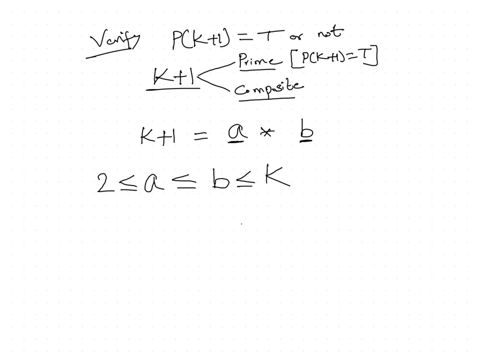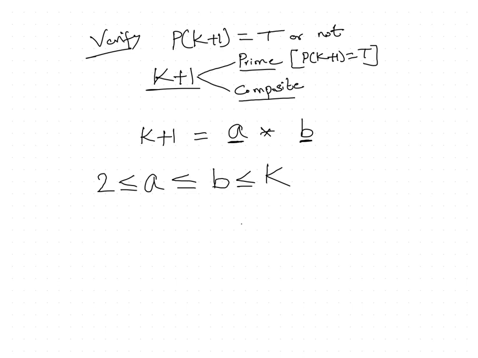So what does it mean? a is greater than or equal to 2, and similarly b is greater than or equal to 2, and similarly b is less than or equal to k, and a is also less than or equal to k, right?